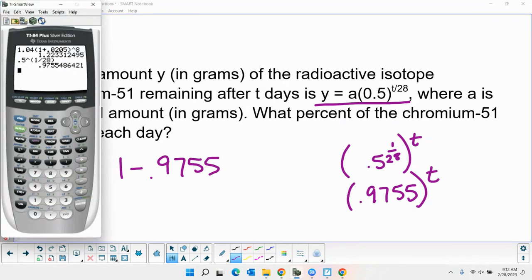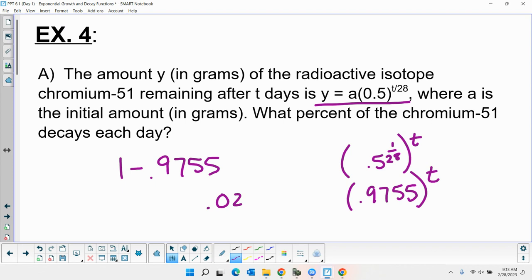So that's the trick, is you got to take whatever your decay is, your number between 0 and 1, and raise it to the 1 over 28, since that was T over 28. And then 1 minus that answer. So it's basically about 0.0244.